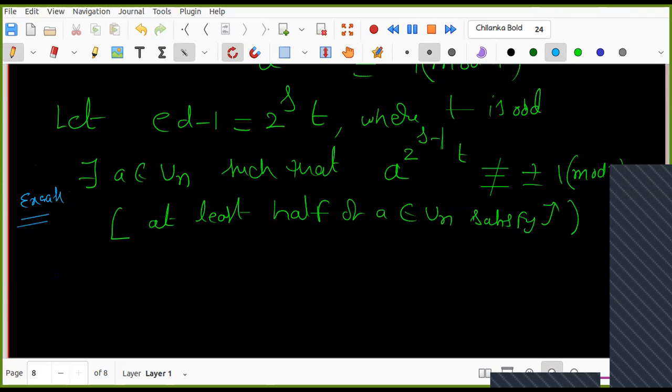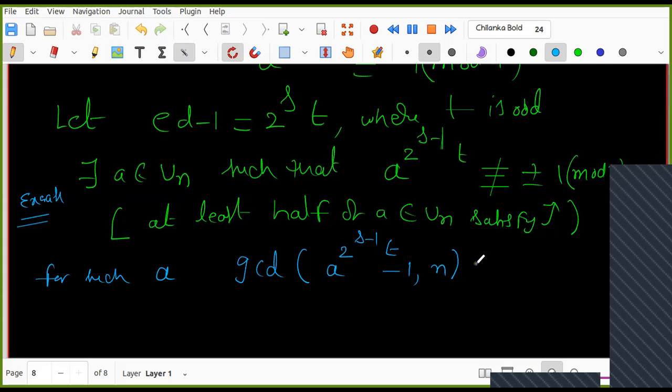Once this happens, then automatically for such a, the GCD of a power 2 power s minus 1 times t, minus 1, comma n is not equal to 1.